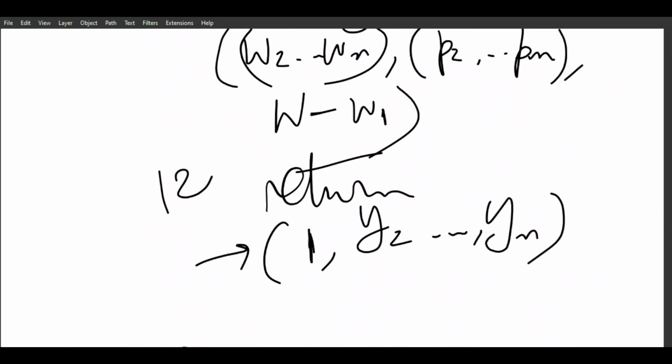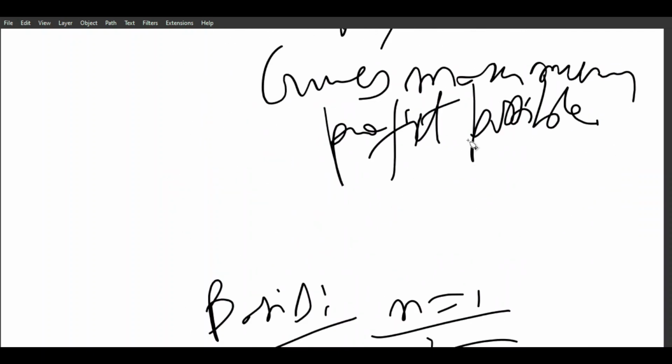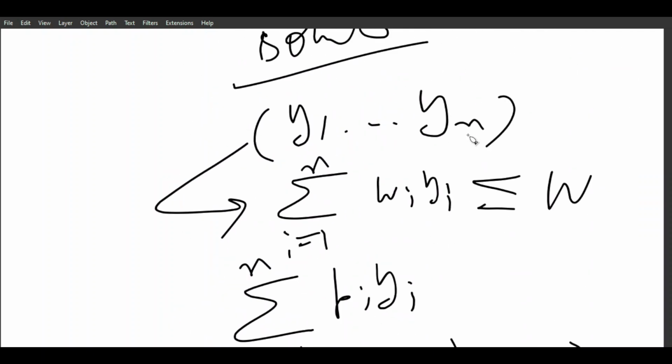So in the general case, in our solution, the first item has weight 1. This will prove that in any optimal solution, the first item we should take completely, otherwise we will not get an optimal solution. Take any other solution, call it y1 up to yn.